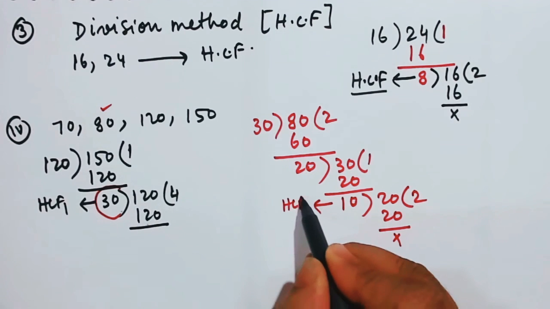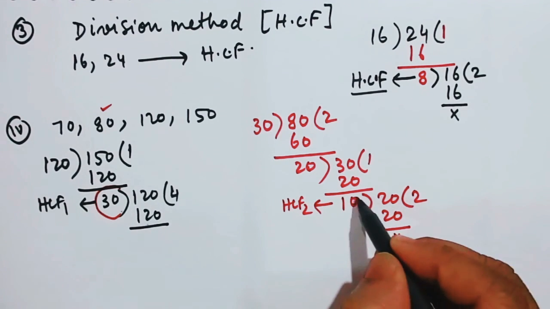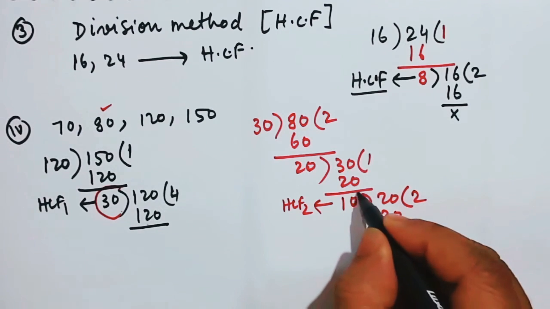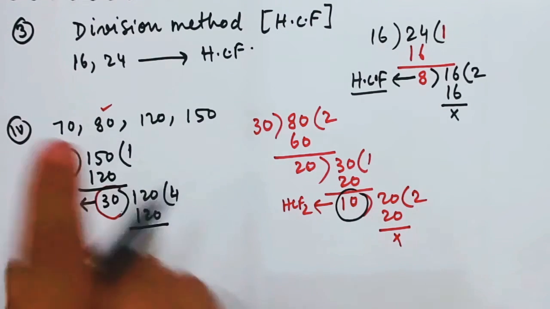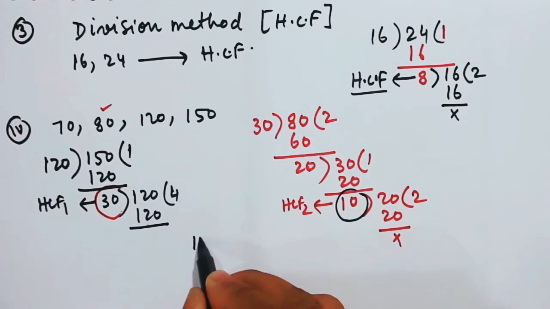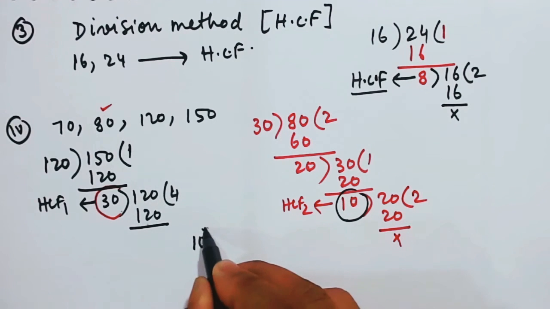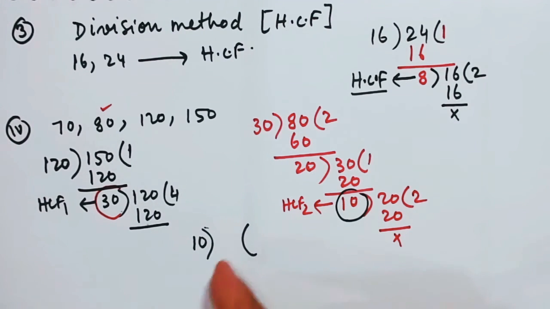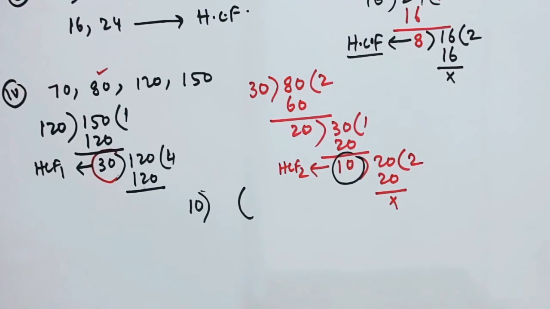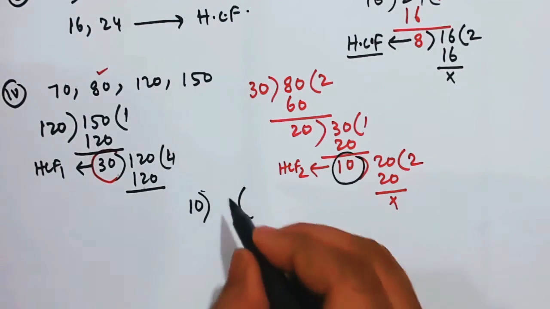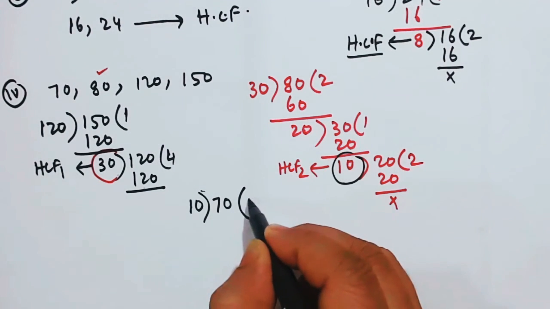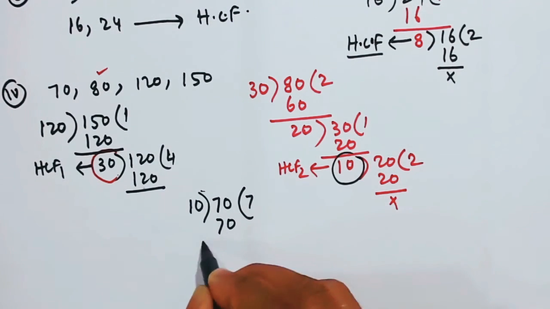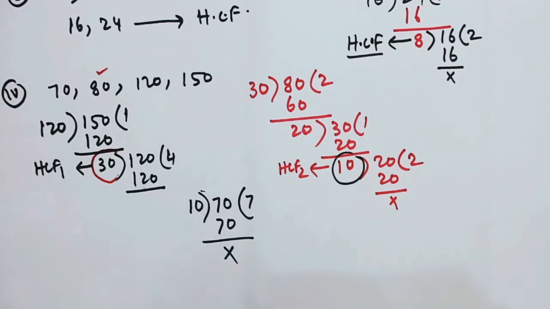Now using this number 10 and 70, find out the HCF of 10 and 70. 10 times 7 is 70. Here it divides completely.